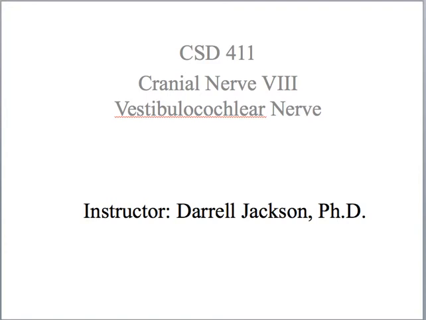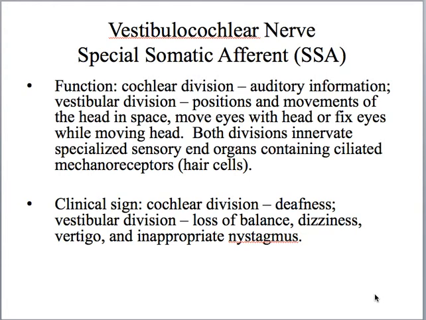Okay, so what's slide 2? I want you to be familiar with the basic function of the vestibular cochlear nerve. That is, the vestibular division is involved in terms of position and movements of the head in space.